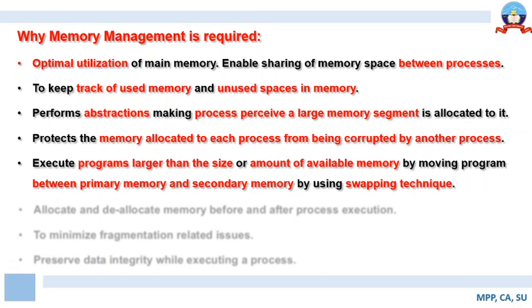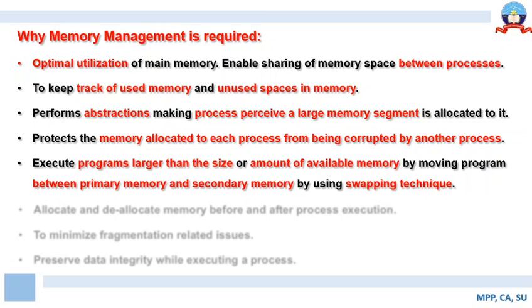It helps to execute programs larger than the size or amount of memory available. This is what we have already talked about in the third point. It allows a larger program to come into the main memory and execute, wherein the larger program is divided into pages and the relevant pages are brought into the main memory and executed. Constant migration of pages takes place between the main memory and the secondary memory pertaining to a particular process.